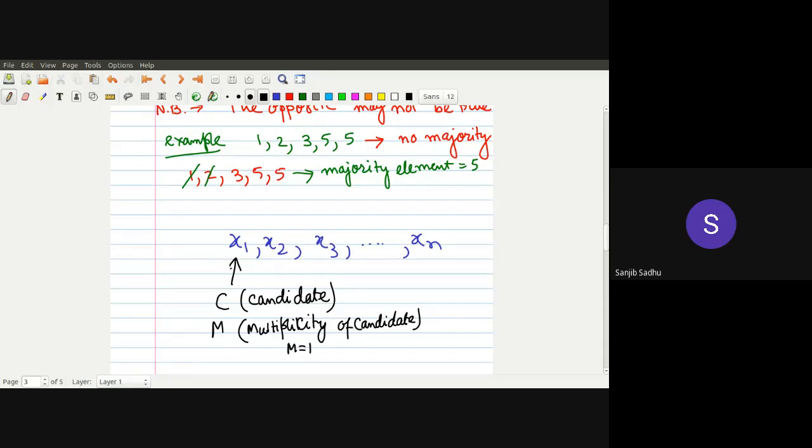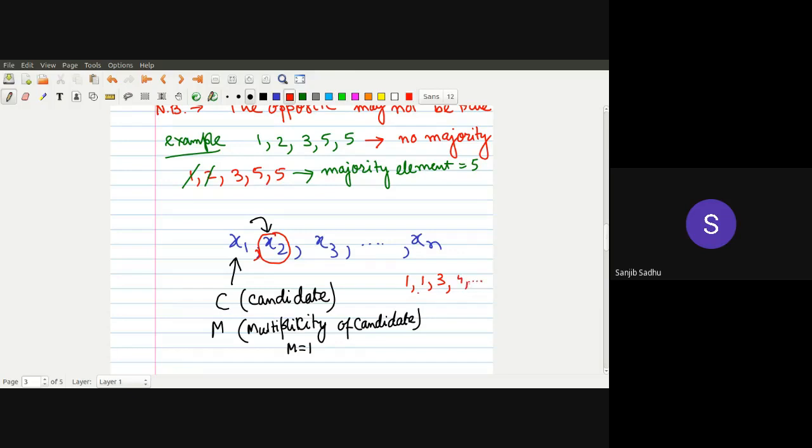Now I will go to the next element, and I will check the value of M. If M is equal to 0, that means it is a fresh array. If M is greater than 0, that means I already have a candidate, and I should compare that candidate with this element. If they are equal, then the candidate's multiplicity will increase. For example, say 1 1 3 4.